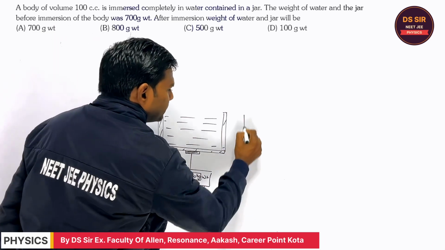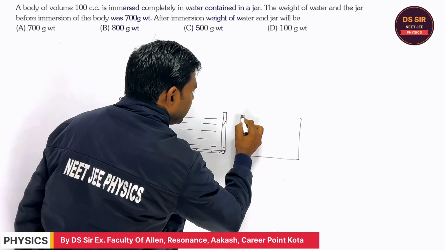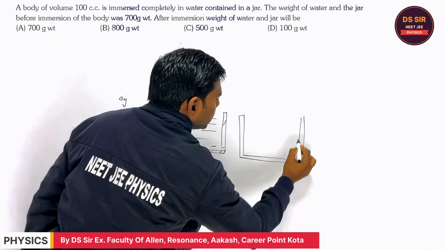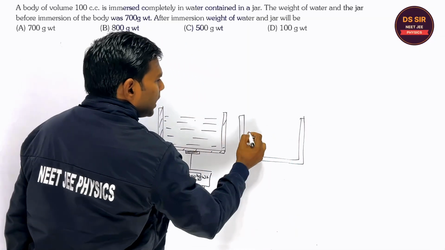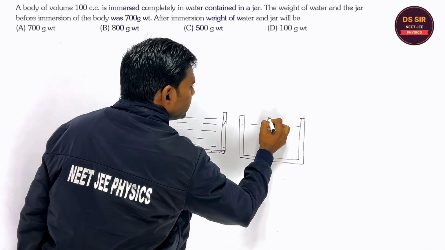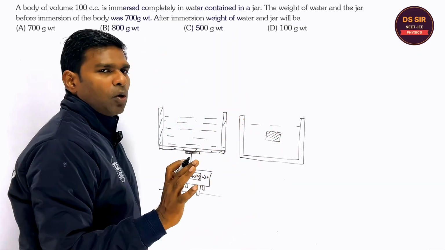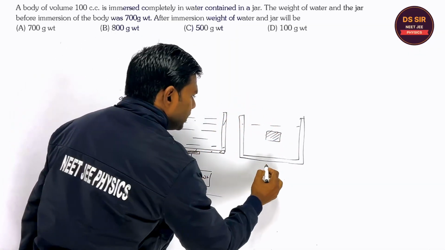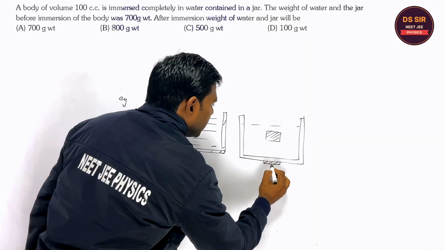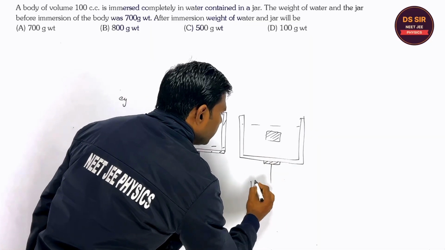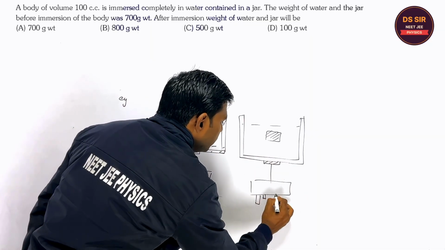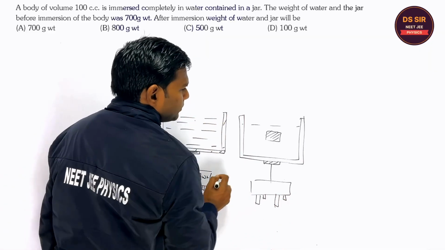Now what will happen if a 100-gram body, sorry, a body of volume 100 cc is inserted anyhow, and the density of the body is not given, and this is again placed on the weighing machine. So can you tell me what will be its reading?